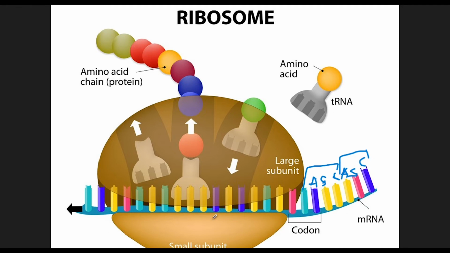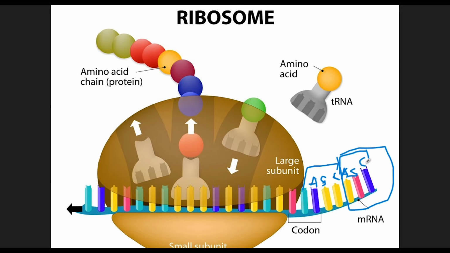Now it has attached itself to the ribosome with those codes that we can see there. The next thing is that now we shall see the tRNA. Here is our transfer RNA. It will come with its anticodon and the correct amino acid. Let's say we are looking at these codons.